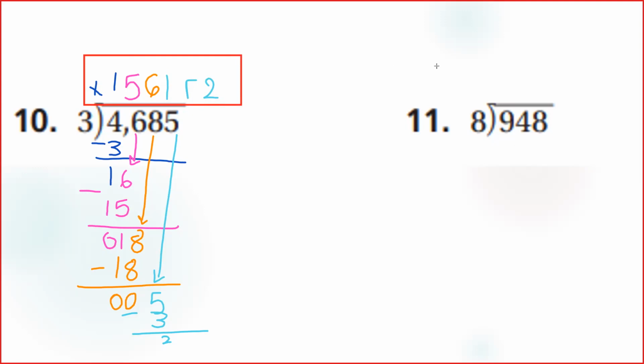Here, in number 11, 948 divided by 8. Bravo. 1 times 8 is 8. 9 minus 8 is 1. Then you bring down 4. We have 14. 14 over 8. But 16 is greater than 14. So what do you have to do?